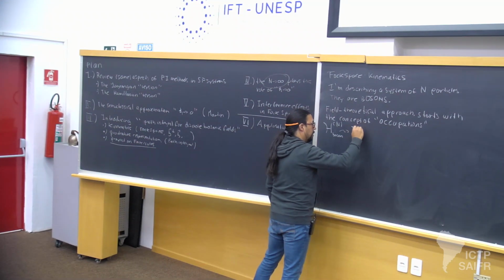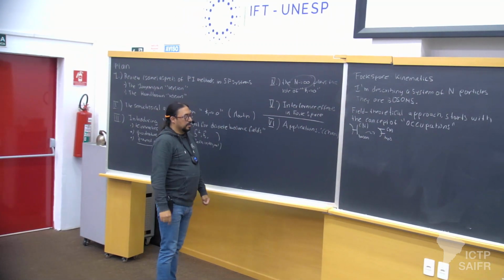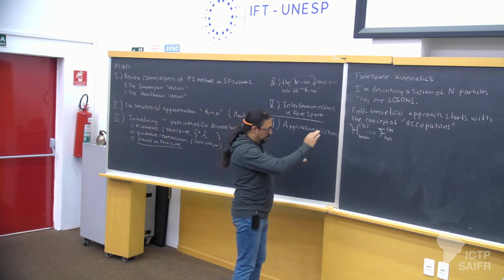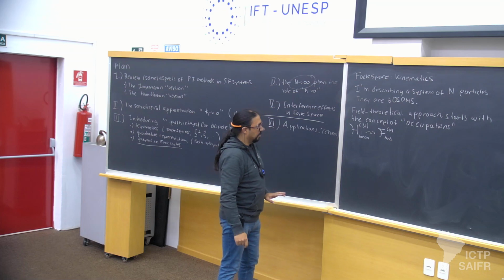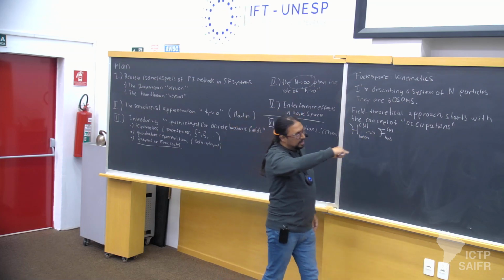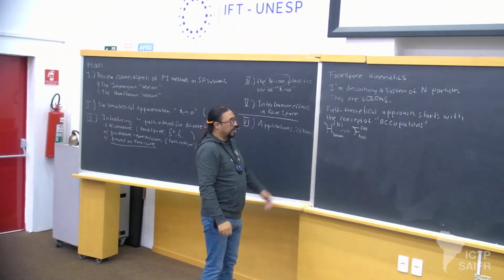The Fock space is bigger than that, but let me stay there for a second. I will call this the space of indistinguishable bosonic particles, the Fock space, and it's a Hilbert space.